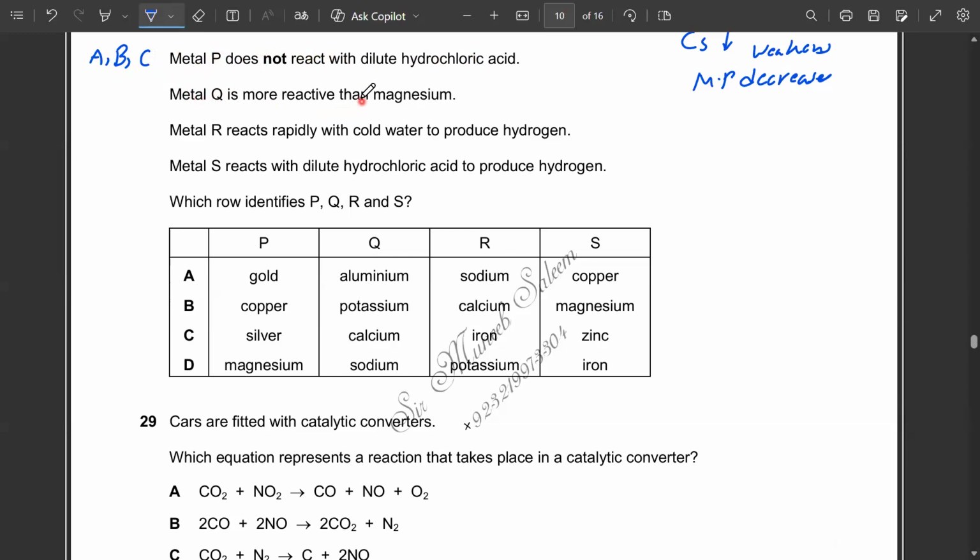Then comes the second point. Metal Q is more reactive than magnesium. So we have to look at the reactivity series of the metals. Which element is above magnesium in terms of reactivity?